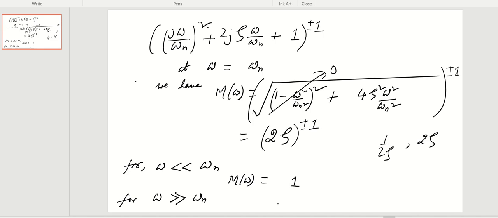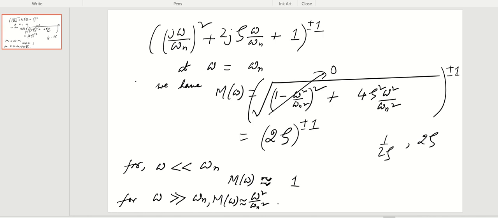Even so, omega over omega n square is much more significant than omega over omega n. Since we are considering complex poles or zeros, zeta is less than unity, so this becomes even smaller; 2 is just a scaling factor. The point is that this is a square, so it essentially assumes the characteristics of omega square by omega n square. That's what M omega approximately is.